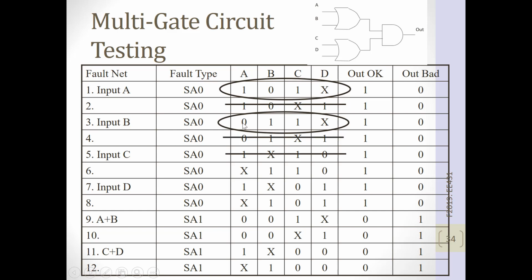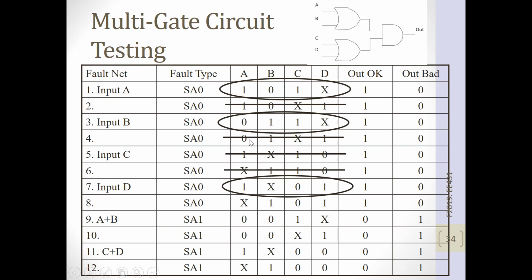And then you go to the next line and you're looking to see if you can do two tests with the same input. So that's 0, 1, 1, don't care. And there were none that matched this, so that was all by itself.